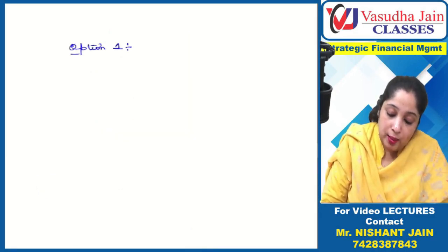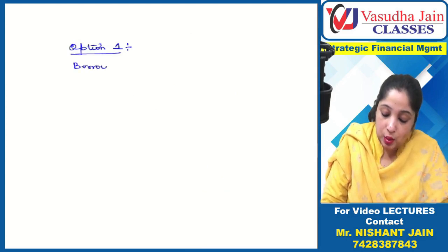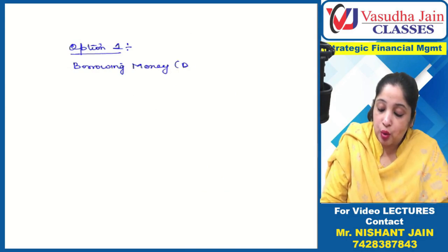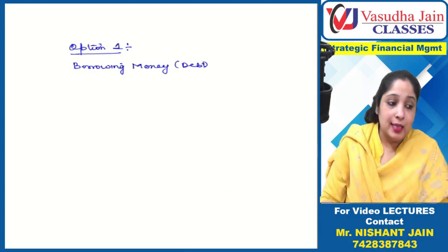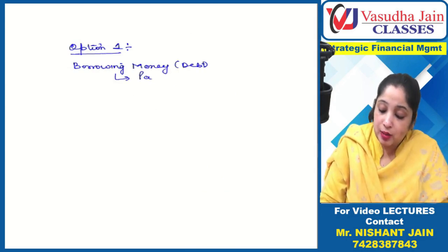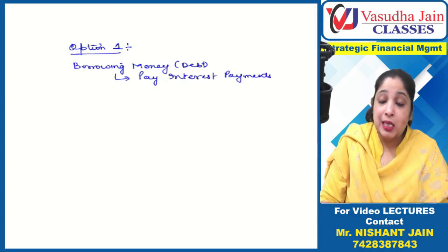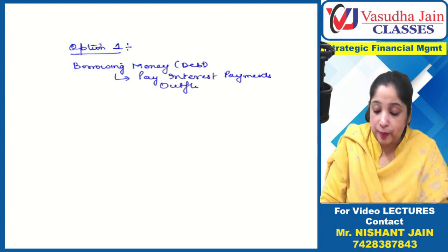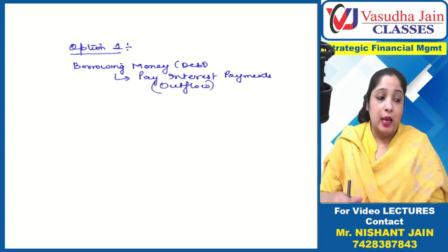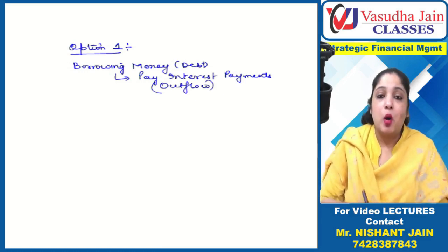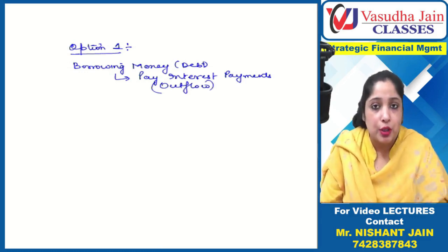since you are borrowing money, that is debt, in this case you have to pay interest. Interest payments will be done periodically. Now interest payment is an outflow, so it will be an outflow periodically, every year or semi-annually, whatever the question states.